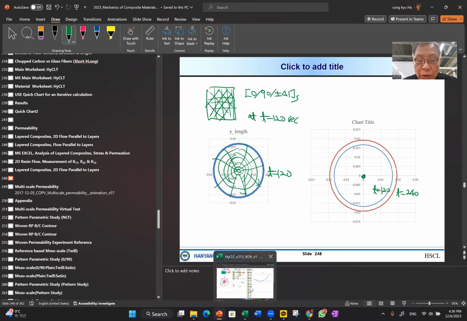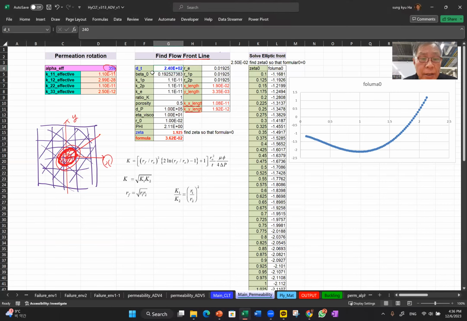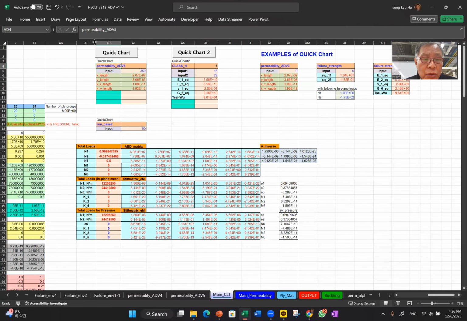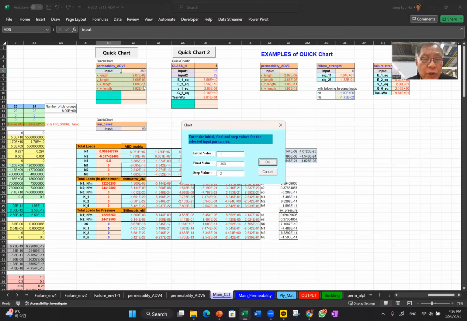Let's do it one more time. Let's say we change it to 360. Then I just want to make sure this is the right one. Okay, and then here we change the output to 6, and then a quick chart.